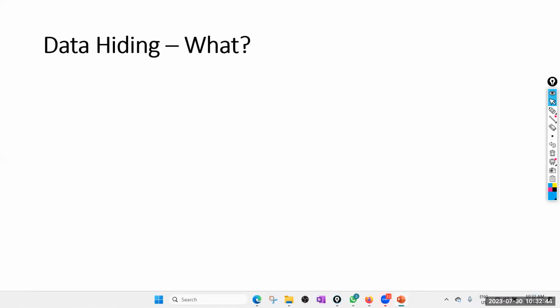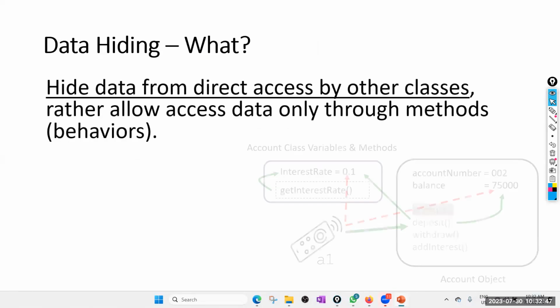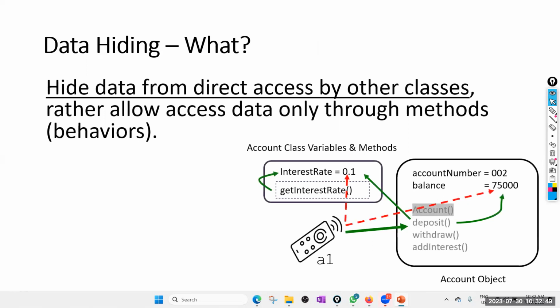And finally, I already explained data hiding, right? Other objects are not supposed to directly access the data of another object. Object X is not supposed to access the data of an object of class Y. Rather, you call the behavior of that object and let that behavior access the variable, because then it has better control, better security, and so on.